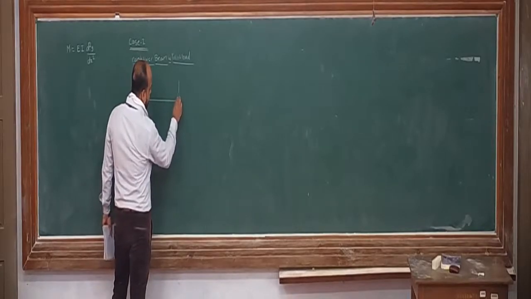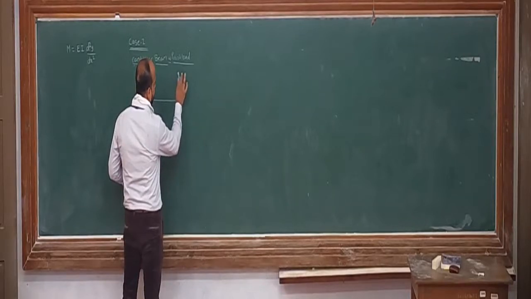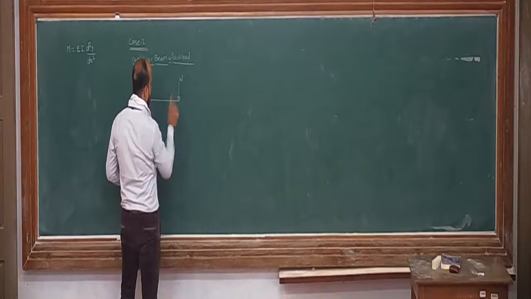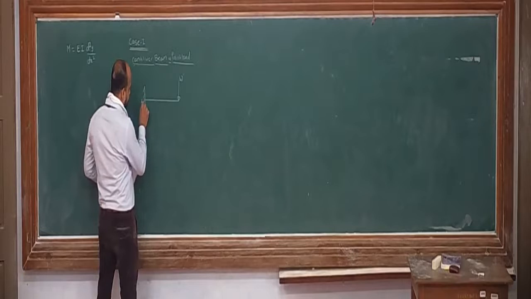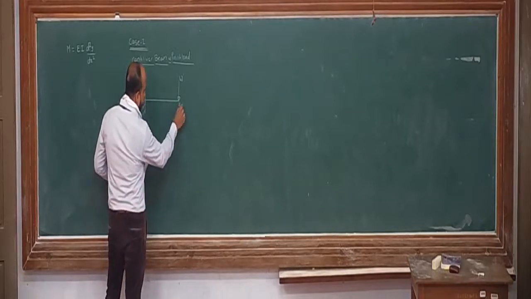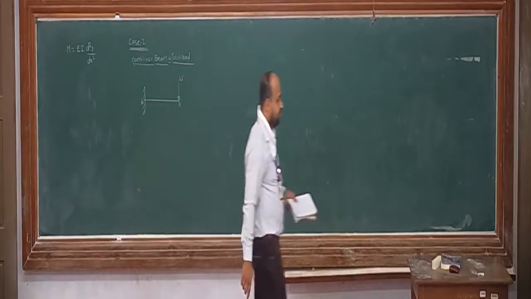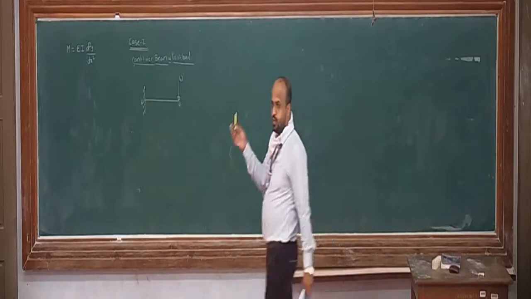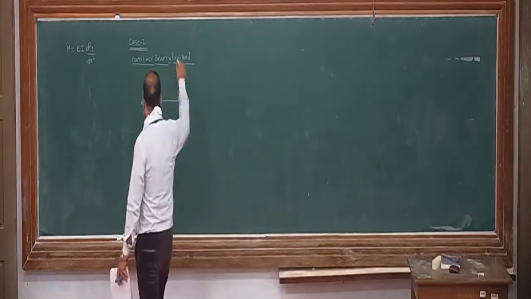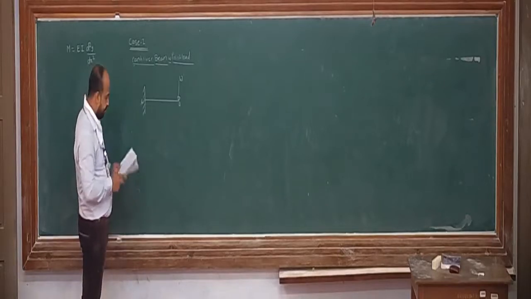It is subjected to point load W. I'll call the fixed end point A and the free end point B, which is subjected to load W. Earlier we had an inverted load, so the beam bent in sagging. Now the load is acting from the top at the free end, so the beam will bend in hogging.